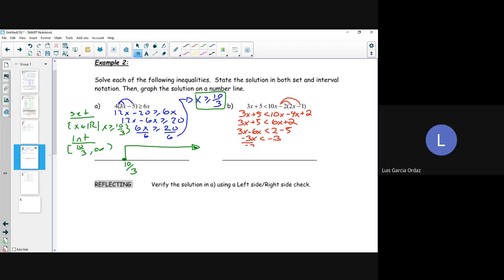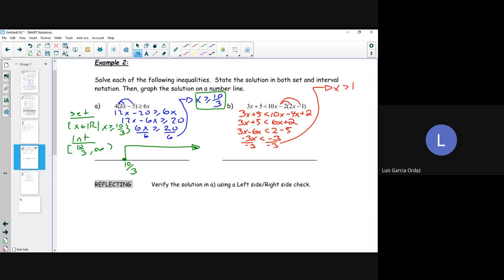Now, if we divide both sides by negative 3, what happens to our inequality sign? It flips, okay? So we get x is greater than 1. Now, I want you guys to do this alone.